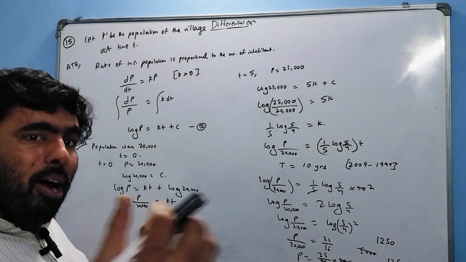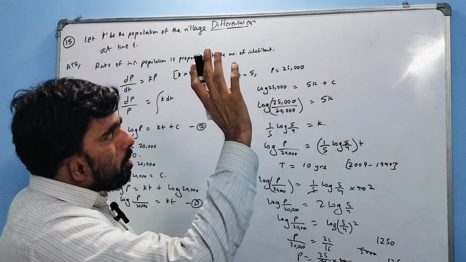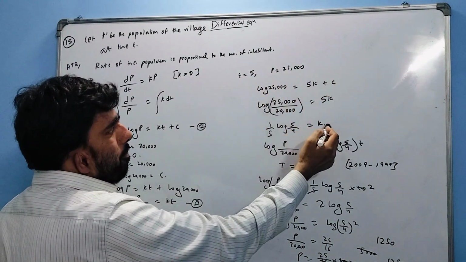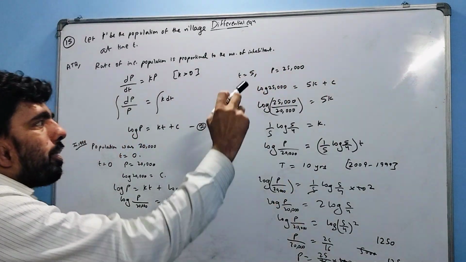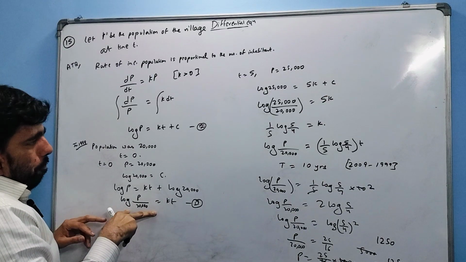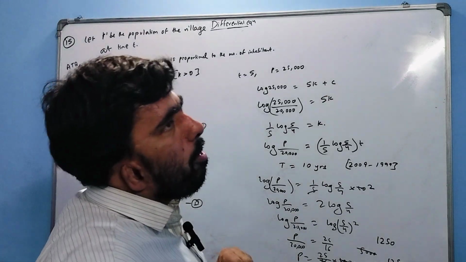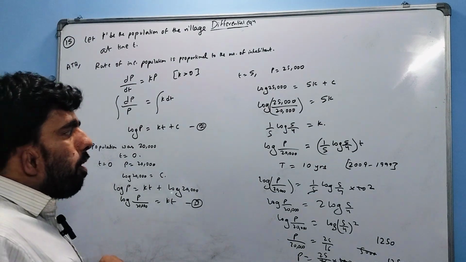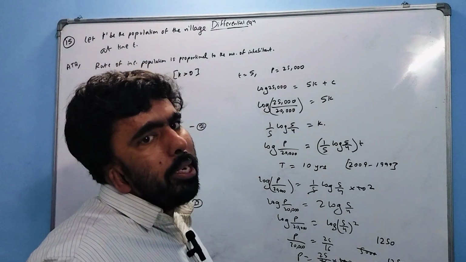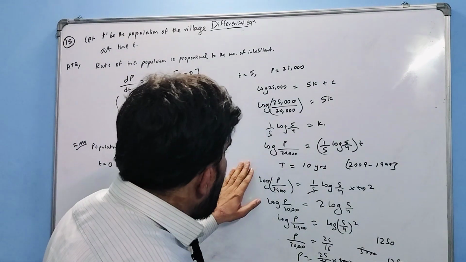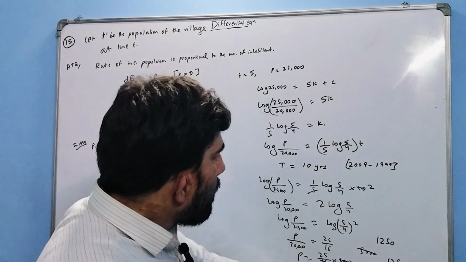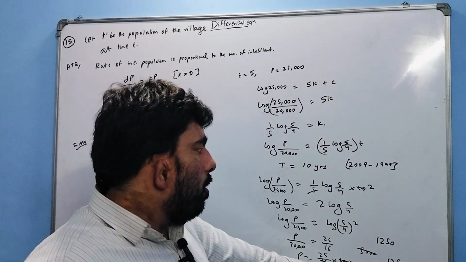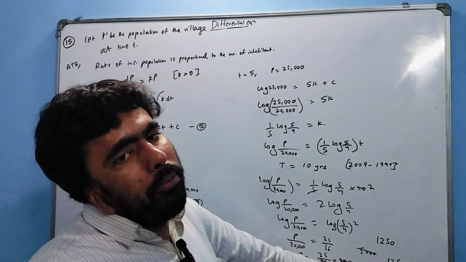So I put the value in this and found the value of k. After finding the value of k, I put it here. And after 5 more years, that is in 2009, we have now 10 years from 1999 to 2009. We were able to find the exact population, which was 31,250. Okay, so I hope it's clear to everyone.